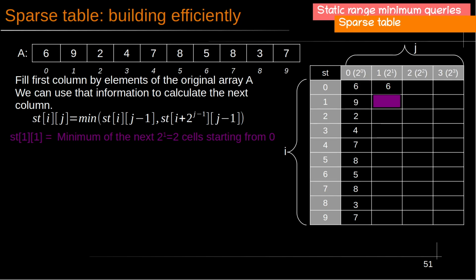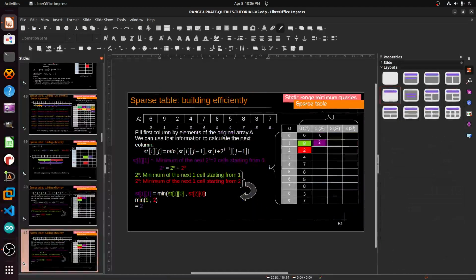If we want to compute ST1 now, what's the minimum of the next 2 power 1 cells starting from 1, sorry, from 1, not from 0.